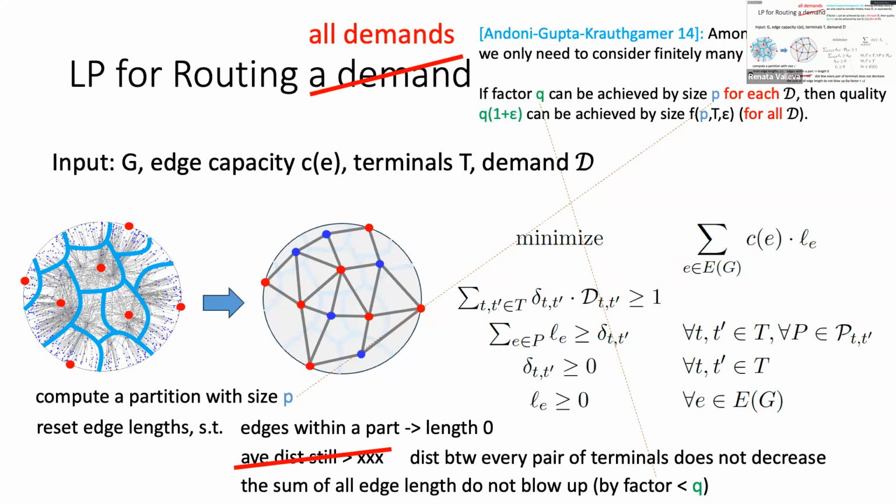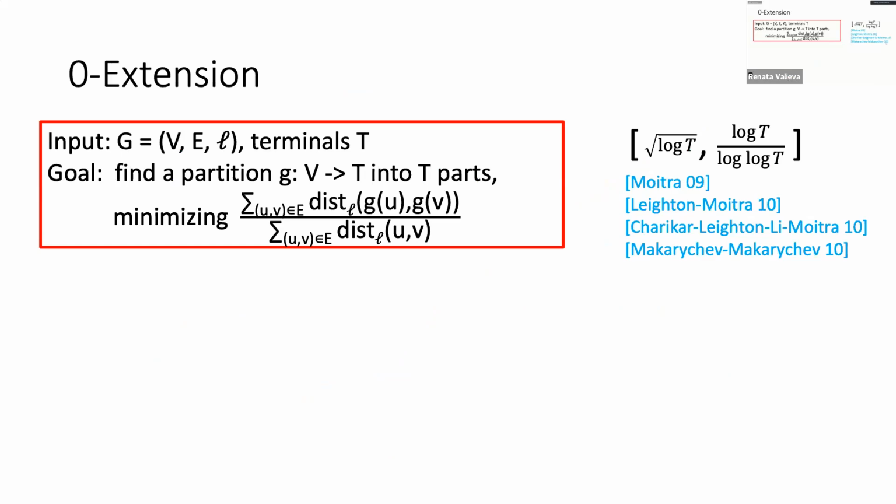Actually this problem is sort of a generalization of one previously extensively studied problem, which is called zero extension. In zero extension, we are given a set of terminals. It's a special case of our problem because they only want a partitioning into T parts. The extreme case is that the vertices are just the T terminals, with no other standard vertices at all.